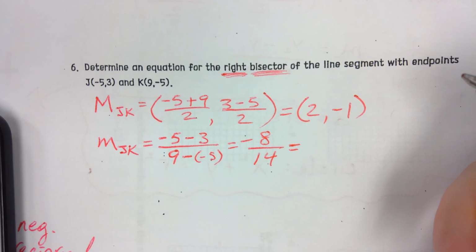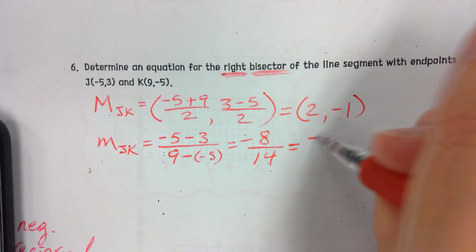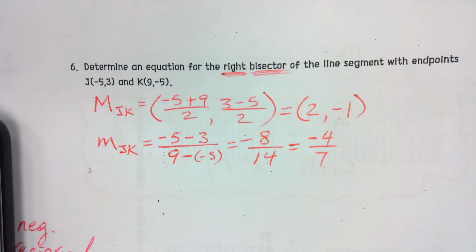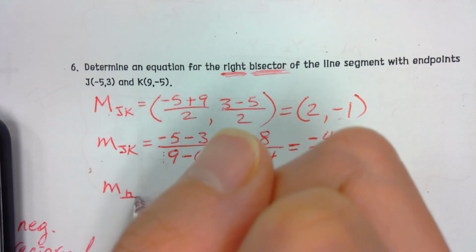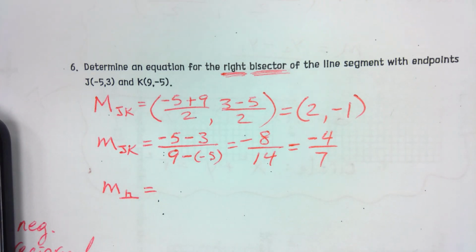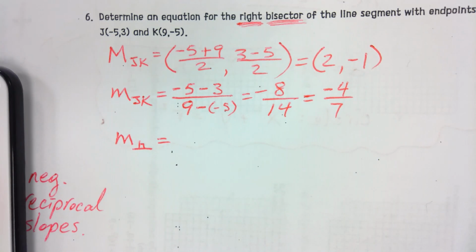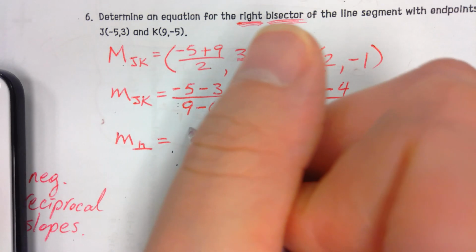Not simplify it first. Simplify it. So this is negative 4 over 7. And then, Gavin, what would you do? Like, can you sit and then simplify it? Sure. Yeah, that's fine. Alright, what's your perpendicular slope then? 7 over 4. 7 over 4, yeah.